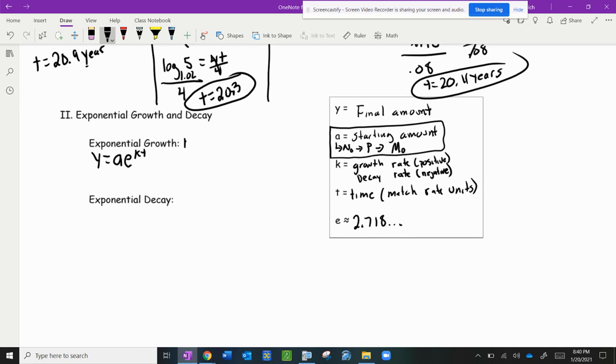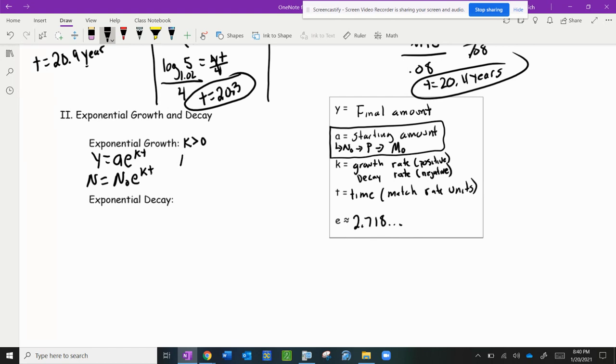Remember, these are all where k is greater than 0. A lot of times in populations, they'll write it like this, where n naught is the starting population. Notice really not any difference there.